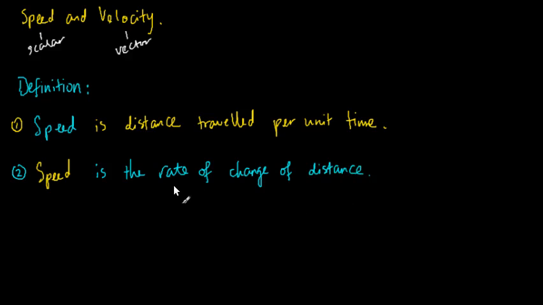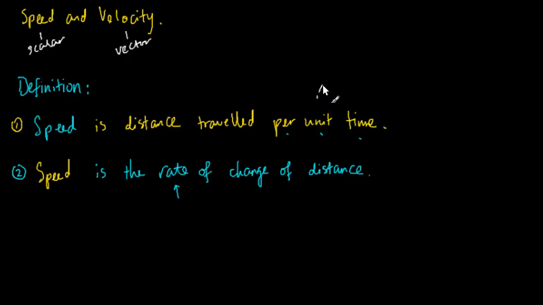Now the rate of change of something simply means how much it changes per unit time. Now I realize that I've not exactly explained what we mean by per unit time.